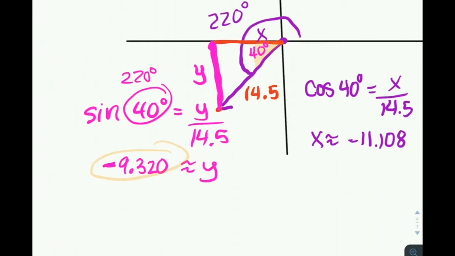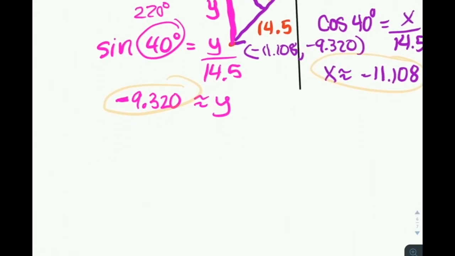Again, it gave me positive to start with, but over here in quadrant 3, the coordinates of this point must have a negative x value and a negative y value, since our terminal point is down in quadrant 3. So there is your horizontal component. If you write it as your vector, you're going to have a vector that looks like this right here.